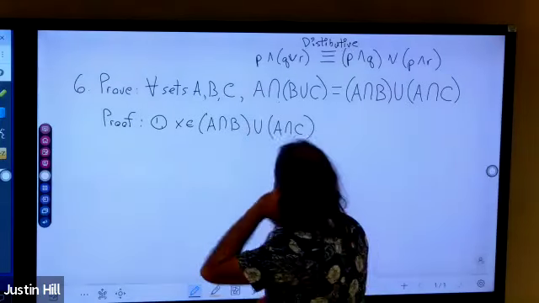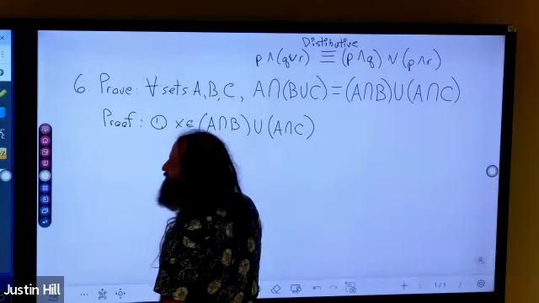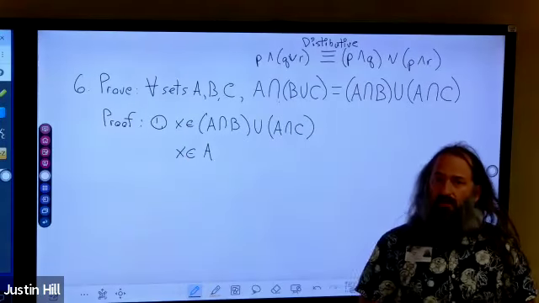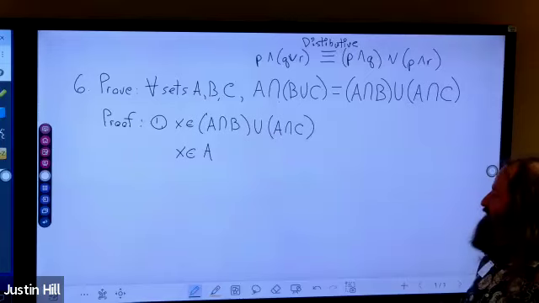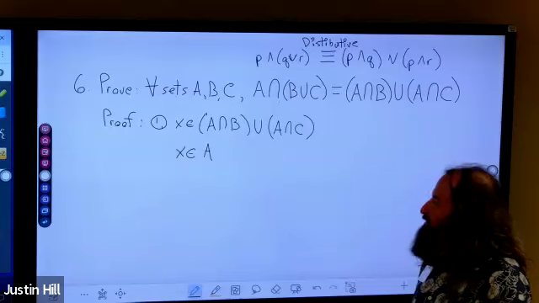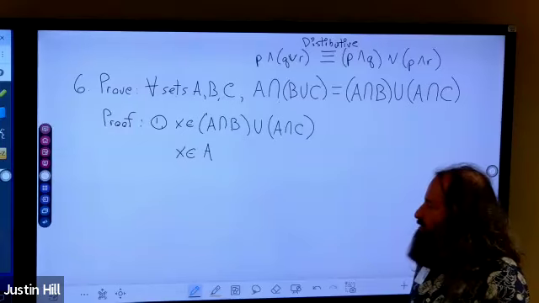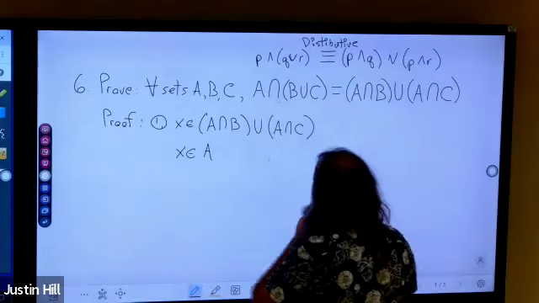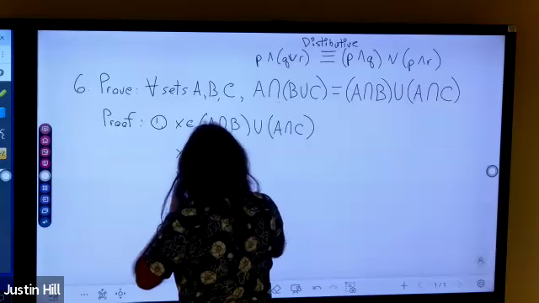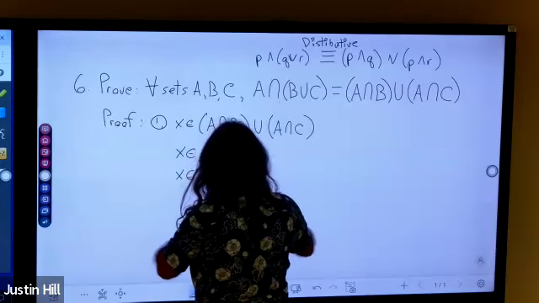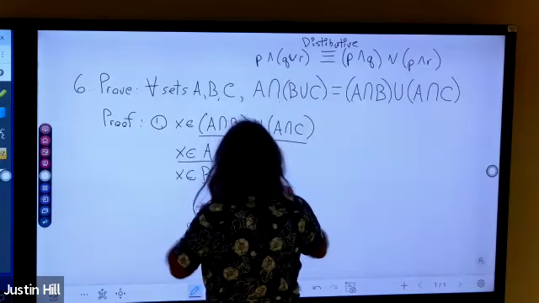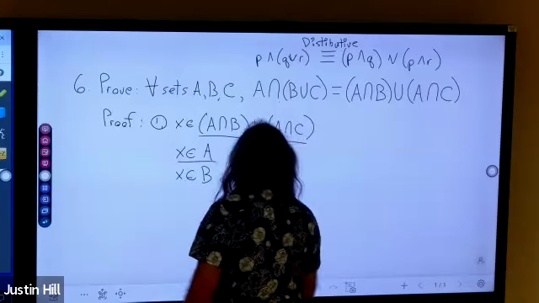So what you should have had here was X is in A. Basically, by definition of intersection, I can say that X is in A and it's in B union C. Thus, X is in A, and by definition of union, X is in B or X is in C. So she had X is in B, you would have the or X is in C. So this would have been the fill in the blanks that you're doing.